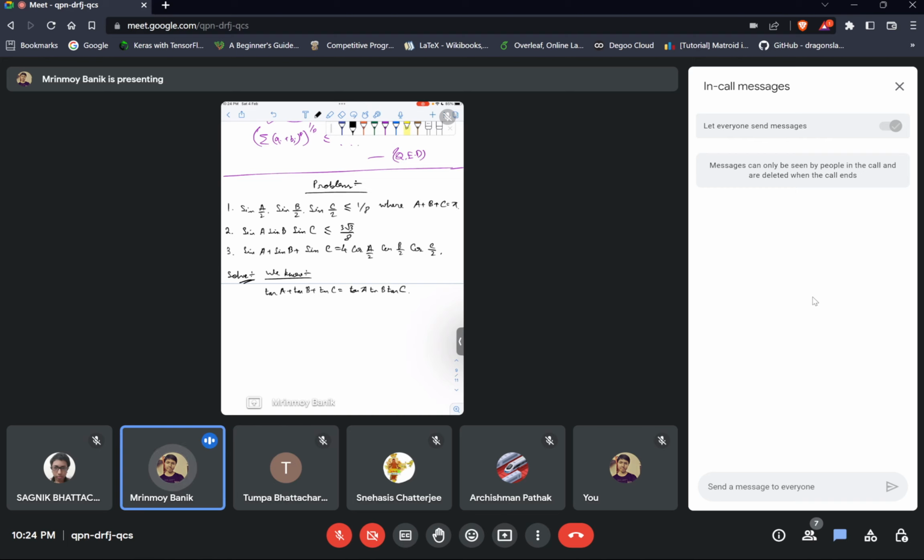Now from this we can start off by, let's try to put the middle one first. So on the left hand side we have got sin A sin B sin C, cos A cos B cos C.